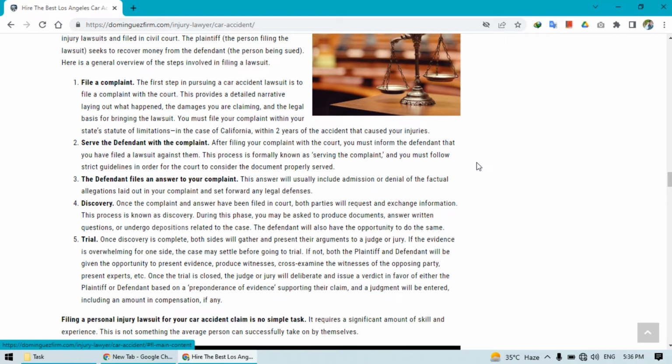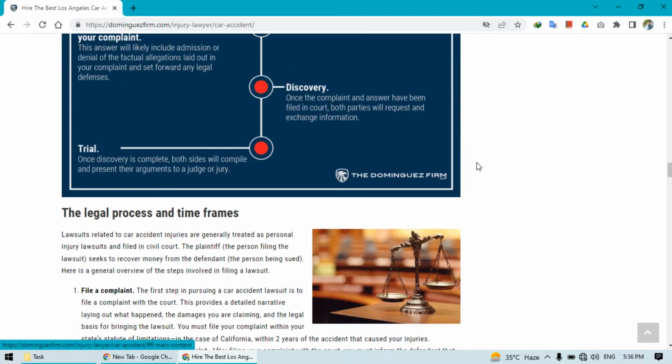Filing a personal injury lawsuit for your car accident claim is no simple task. It requires a significant amount of skill and experience. This is not something the average person can successfully take on by themselves.